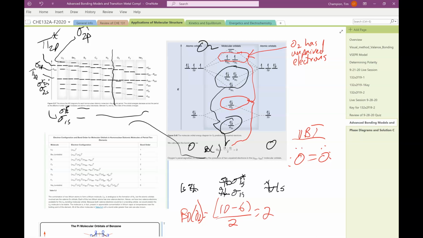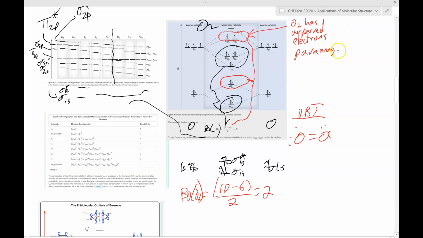If you have unpaired electrons, that means that you are paramagnetic, which means that you're attracted to a magnetic field. And it turns out that if liquid oxygen is exposed to a magnetic field, and there's an image of this in the book, you can see a deflection of your stream of liquid oxygen, that it's attracted to that magnetic field.